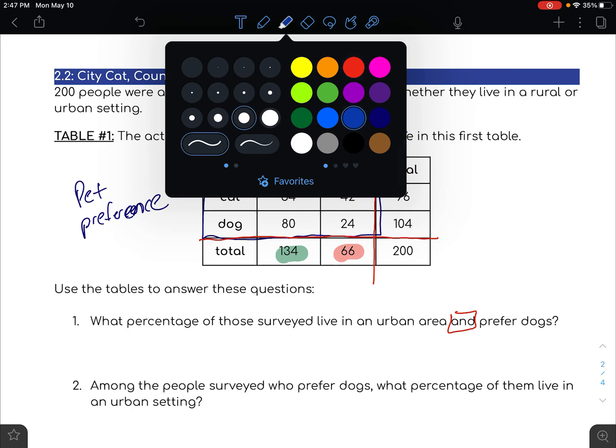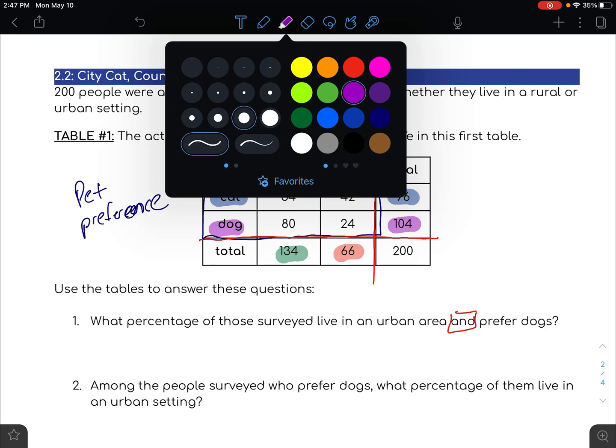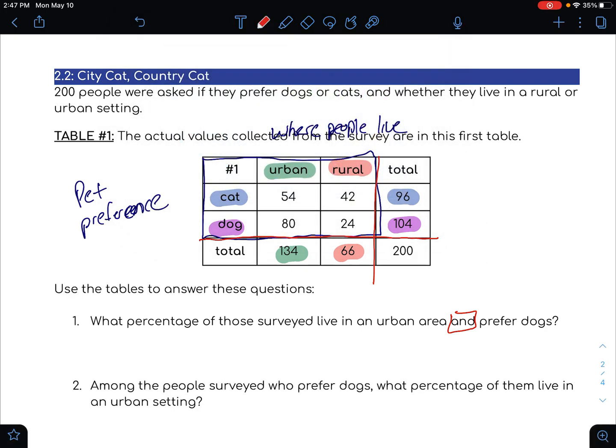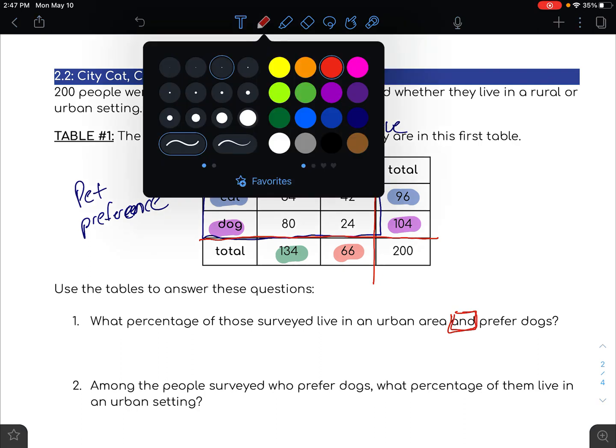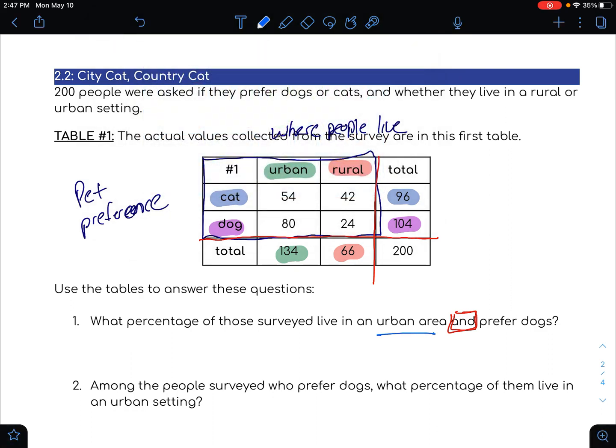We have cat people, and the total for cat people. And we have dog people, and the total for dogs. So we're looking at a combination of two things. That word "and" clues you into that this is going to be within the table. And we're looking for urban and prefer dogs.